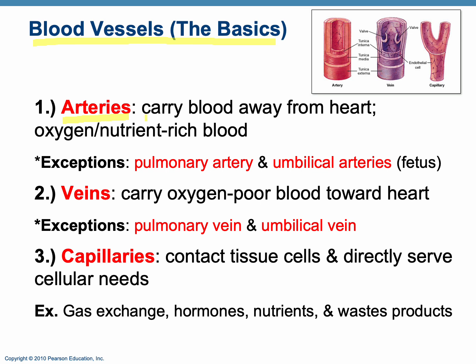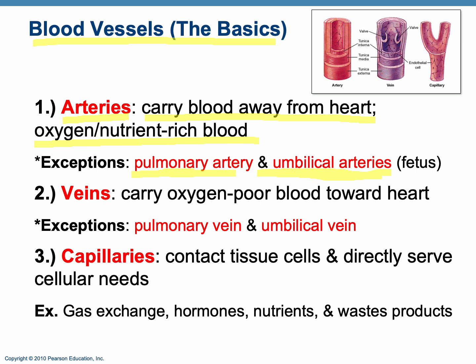Arteries carry blood away from the heart, transporting oxygen and nutrient-rich blood. Of course, there are some exceptions to this rule, such as the pulmonary arteries in the human heart that we've mentioned before, and if you remember back to fetal circulation, the umbilical arteries.